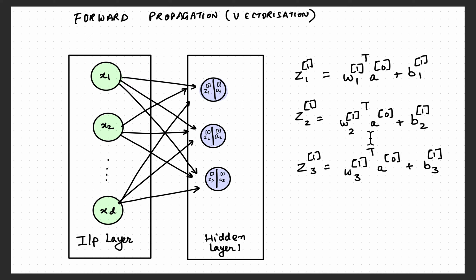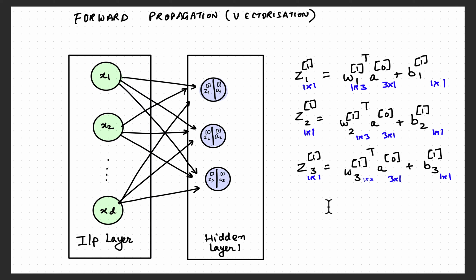Instead of computing three scalars, can we directly compute a vector which is three-dimensional? And this will help us to do calculations faster. So we have thus far written these three quantities. We have z square bracket 1 subscript 1, z square bracket 1 subscript 2, and z square bracket 1 subscript 3. Now, the idea is, can we just stack up these three scalars and get a vector? And that's essentially what we are going to do.